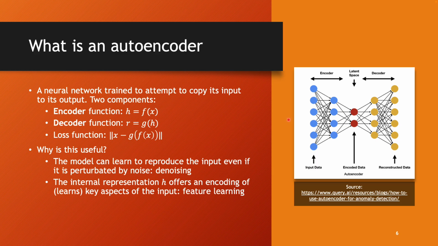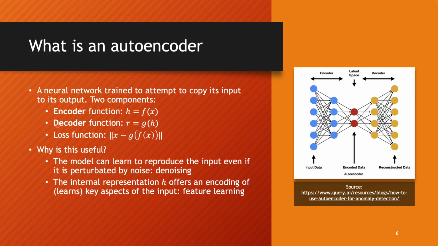One is an encoder function, and you can see this in this illustration where from the input the neural network goes layer by layer until it gets some sort of an internal representation that we are going to refer to as latent space, or representation through latent variables, or we are going to call this the result of the encoder, the encoded data. And we denote the encoder function by f, and for the input x, the embedding through this encoder function is going to be h.